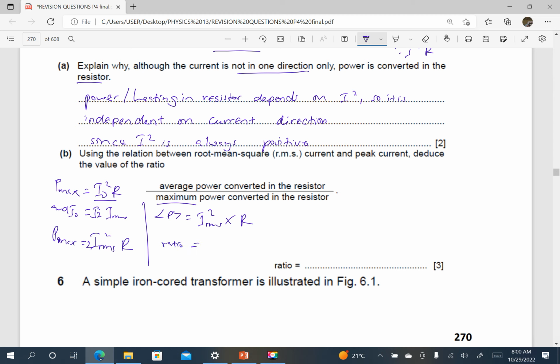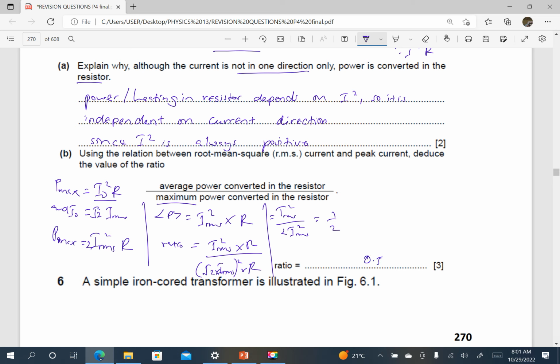For average, which is I root mean square squared times R, divided by maximum, which is twice I root mean square squared times R, R cancels. The ratio is I root mean square squared divided by twice I root mean square squared, which is a half, and a half is 0.5.